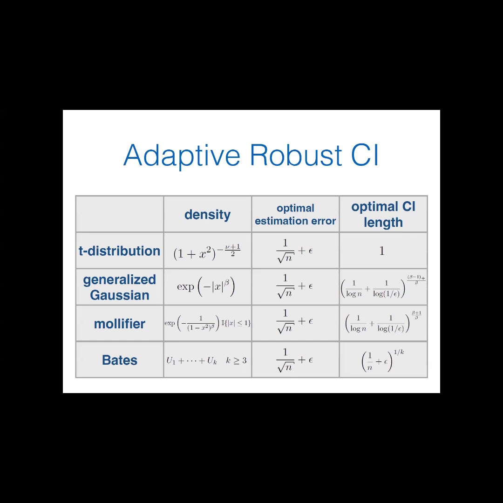So an adaptive confidence interval can shrink to 0, the length can shrink to 0 as the sample size goes to infinity if and only if the tail of the distribution is lighter than that of Laplace. Okay? All right, so that's basically what we know about the location family.